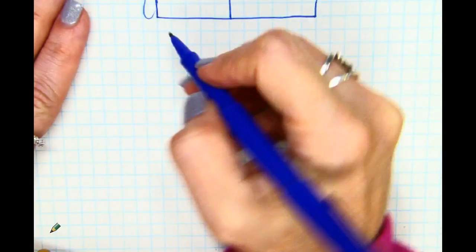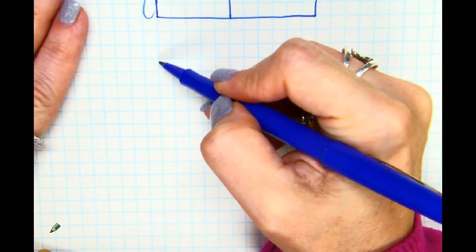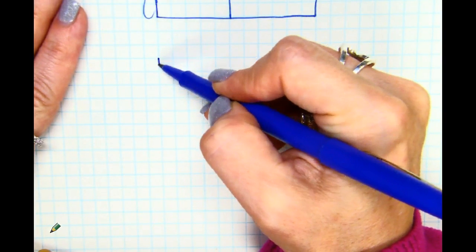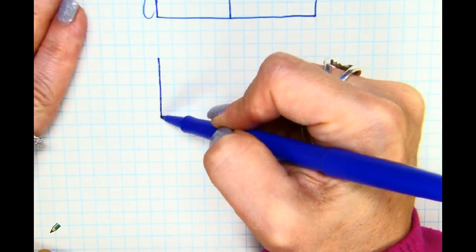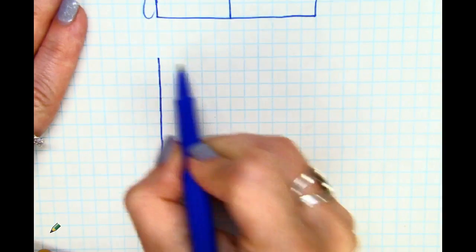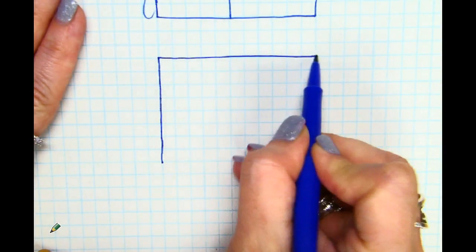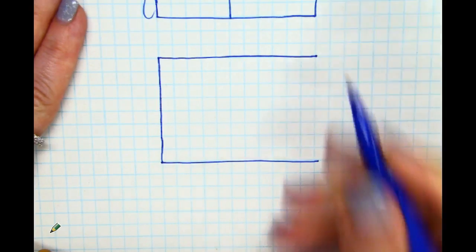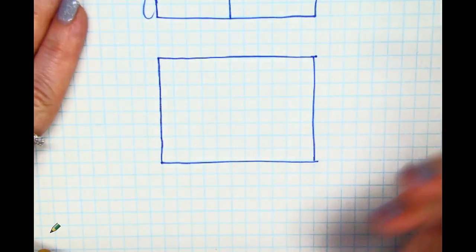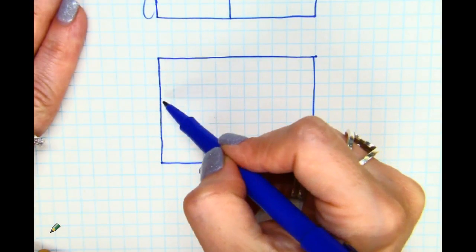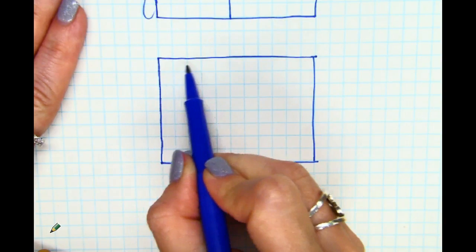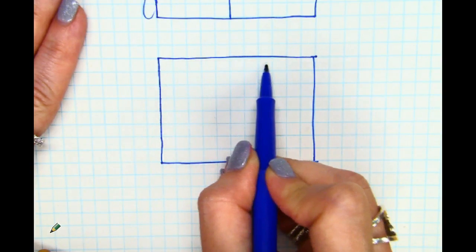Okay, let's do 8 times 11 again. 1, 2, 3, 4, 5, 6, 7, 8. Let's go across 11. Let's double check our rectangle, make sure it's correct. 1, 2, 3, 4, 5, 6, 7, 8. 1, 2, 3, 4, 5, 6, 7, 8, 9, 10, 11.